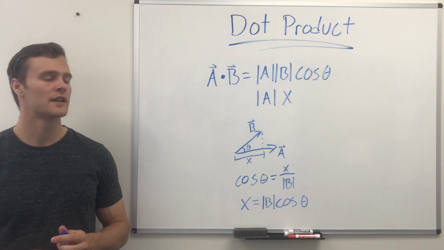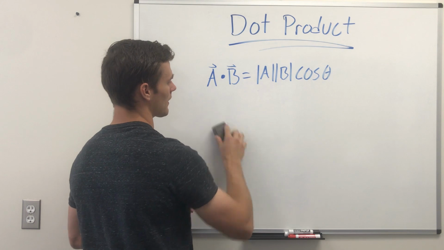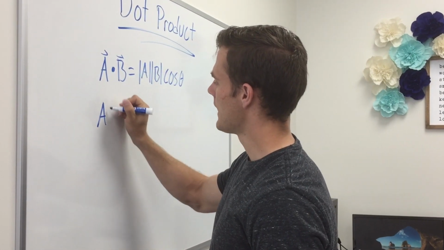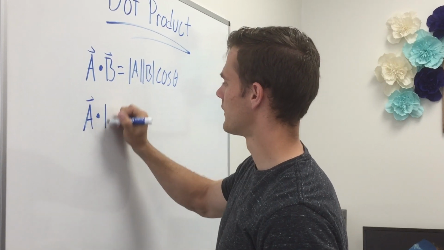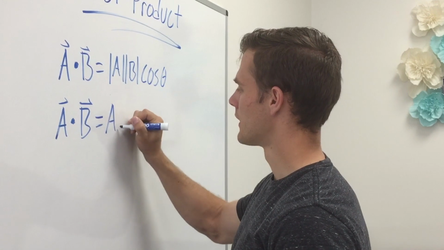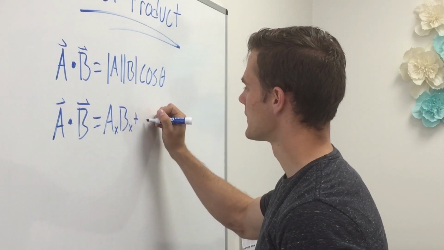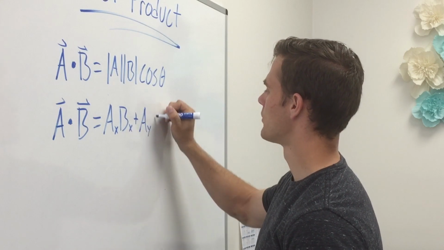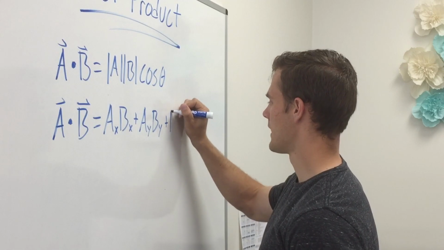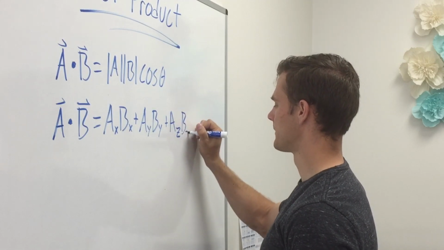And the form you'll most likely use it in is that A dot B is equal to A sub x times B sub x plus A sub y times B sub y plus A sub z times B sub z.